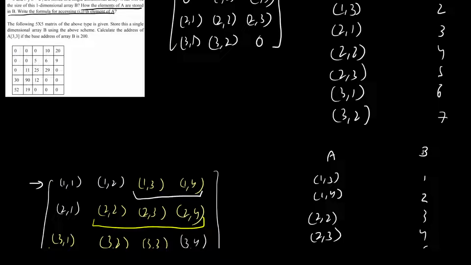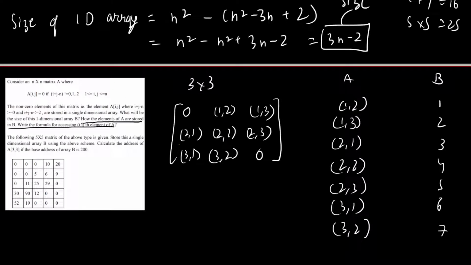For a 3 cross 3 matrix also we have a similar observation, except the first and the last. Yes, except the first and last row, all the others have three entries. For 5 cross 5 also, which is right over here, the first row has 2 entries, the last row has 2 entries, and all intermediate rows have 3 entries respectively.